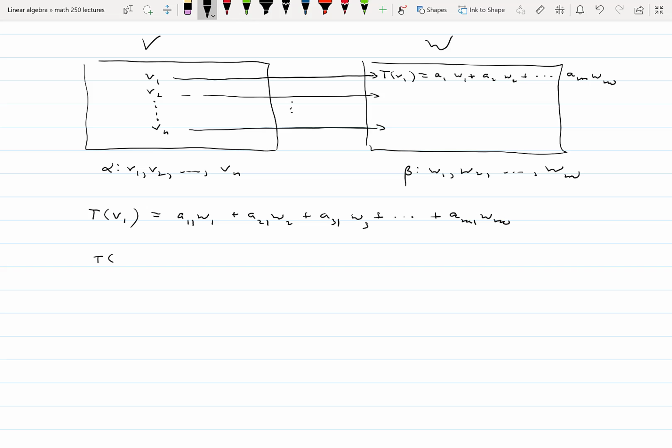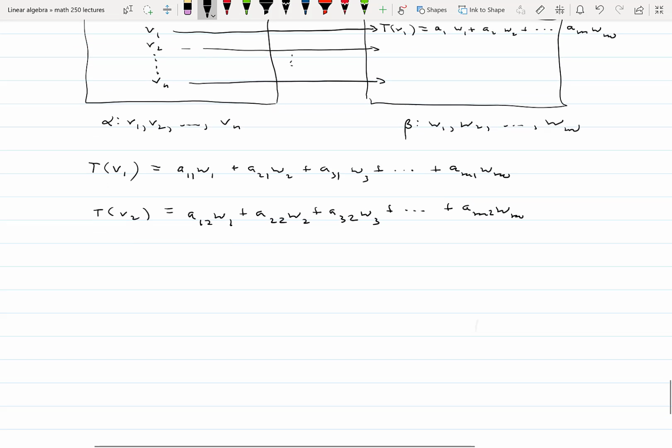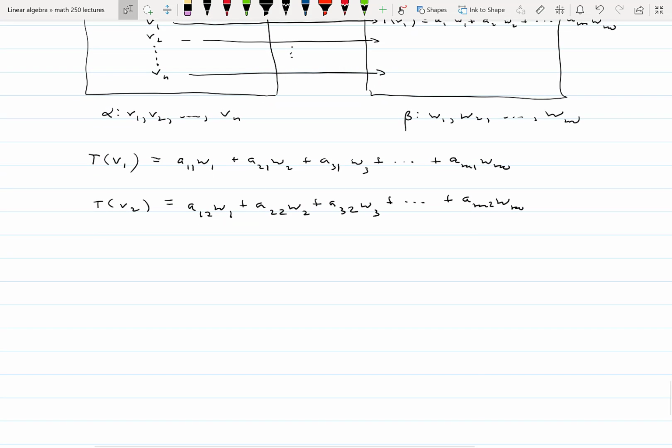So T of V2 will be A1 W1, but it's A1 for V2, plus A2 W2, but we're talking about V2, plus A3 W3, but we're talking about V2, plus dot dot dot plus AM WM, but we're talking about V2. That's a coefficient of the expansion for V2.